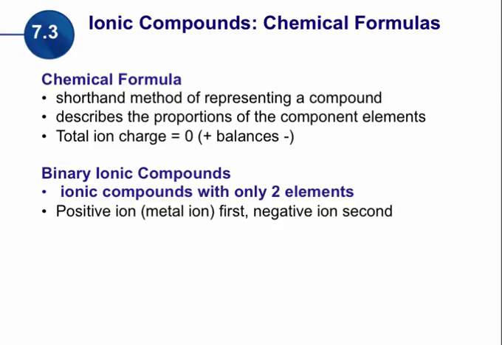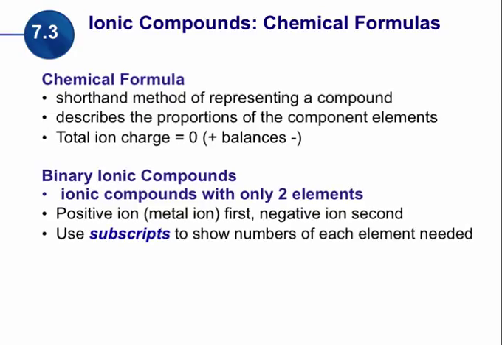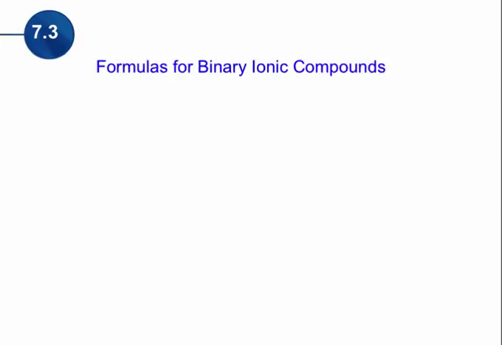When we combine them into a formula, we're going to include subscripts. Subscripts are numbers below, and the subscripts are actually going to show how many of each element is needed in this binary ionic compound. So let's write some formulas. The formulas are actually quite simple if we just follow 2 basic steps.